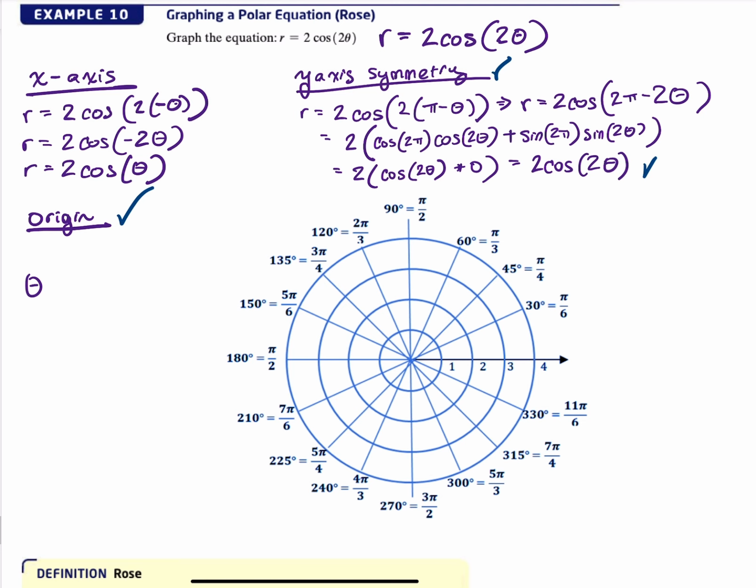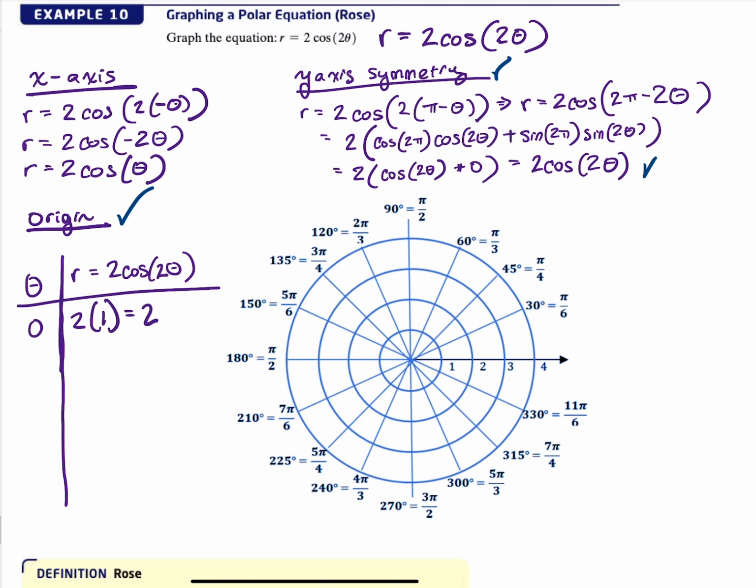So let's pick some angles between 0 and pi over 2. And this time r equals 2 times the cosine of 2 theta. So let's start with 0. 2 times the cosine of 2 times 0 is the cosine of 0, which is 1.